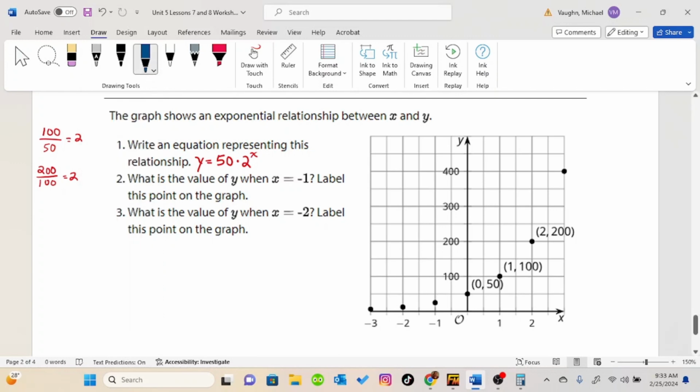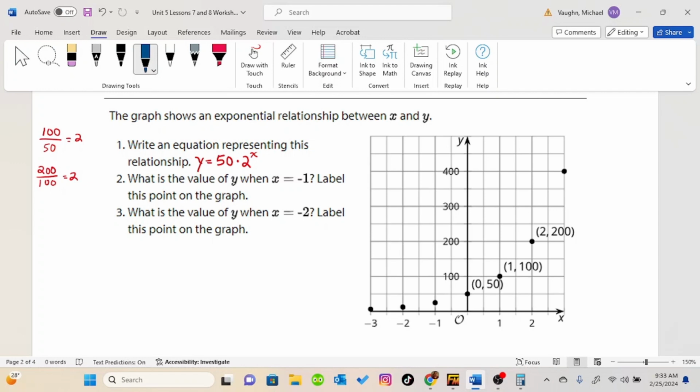Number 2. What is the value of y when x equals -1? Label this point on the graph. So as we're moving to the right, we are multiplying by 2. Well, to go in the opposite direction, we would do the opposite function.